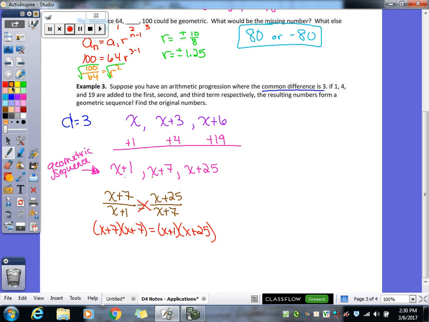So multiply these all out. I get x squared plus 14x plus 49 equals x squared plus 26x plus 25. So now I'm going to start trying to get some stuff together. Subtract my x squared, and it actually ends up canceling on both sides.